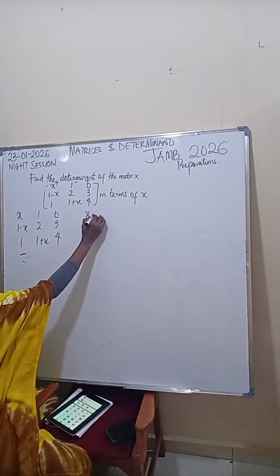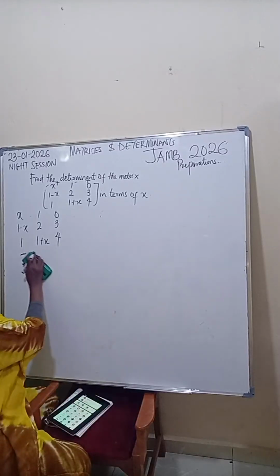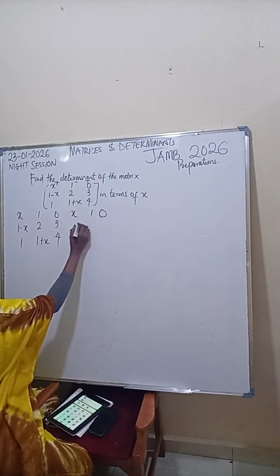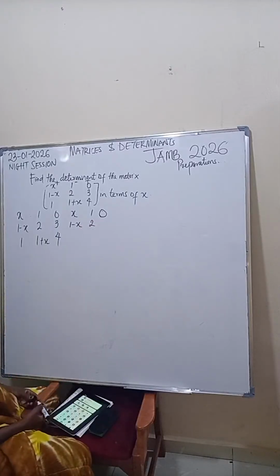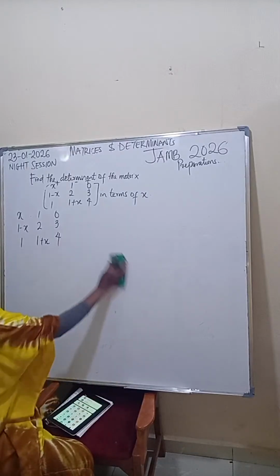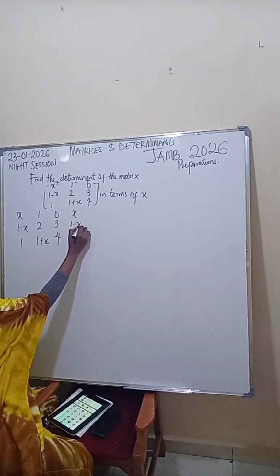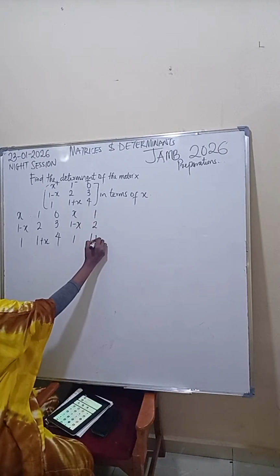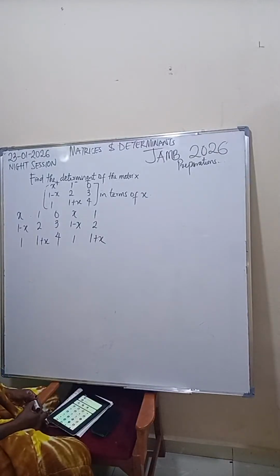Okay. x. Okay. So this is still x, 1 and 0, 1 minus x, 2. That is x, 1 minus x and 1, right? Then 1, 2, 1 plus x.